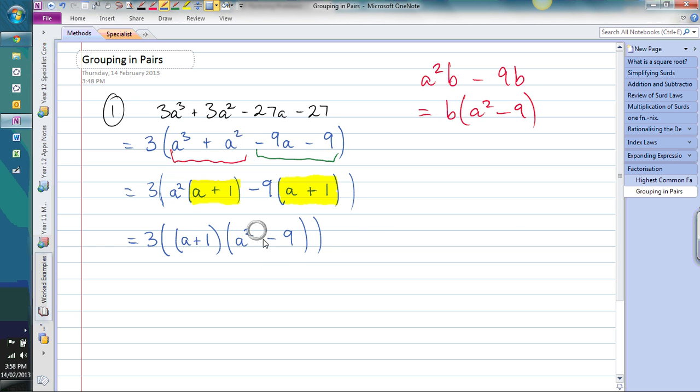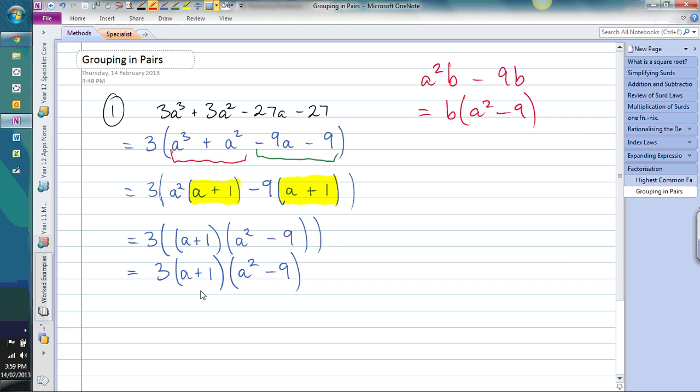Each of those 3 things have to be multiplied together, and it doesn't matter the order. If I want, I can do the 3 times the a plus 1 and then this one. So whether I do this multiplication first or not will not affect the overall value of this expression. So I can just leave that redundant set of brackets out, and I'm left with this expression here.